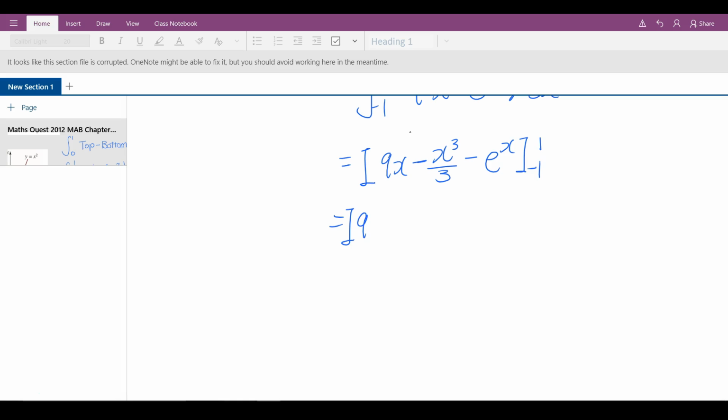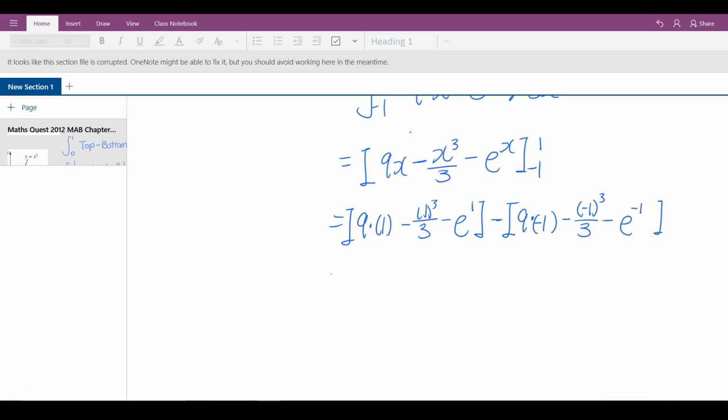So that will become 9 multiplied by 1 minus 1 cubed over 3 minus e to the power of 1, and then minus 9 multiplied by -1 minus -1 cubed over 3, and then minus e to the power of -1.